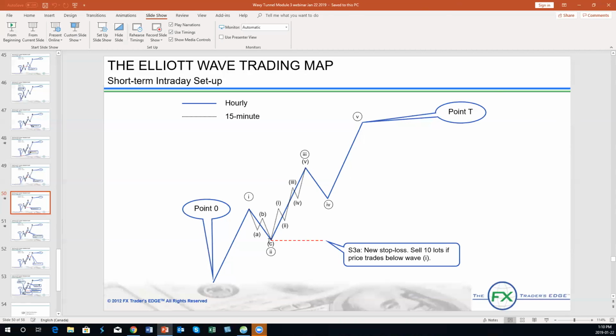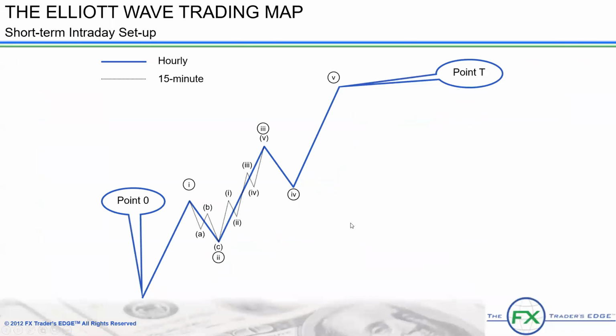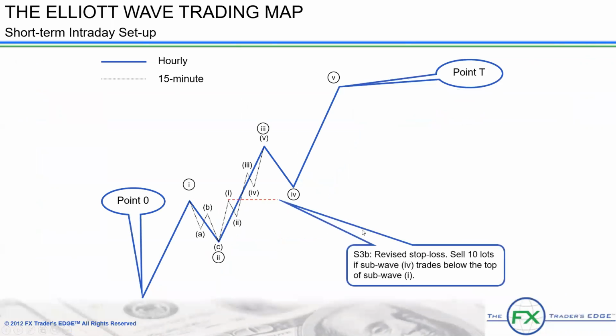You wouldn't be underwater. You'd be underwater only if you get stopped out on just these 4, but these 6 would be at break even, okay? Then you do move your stop. This is your revised stop loss.